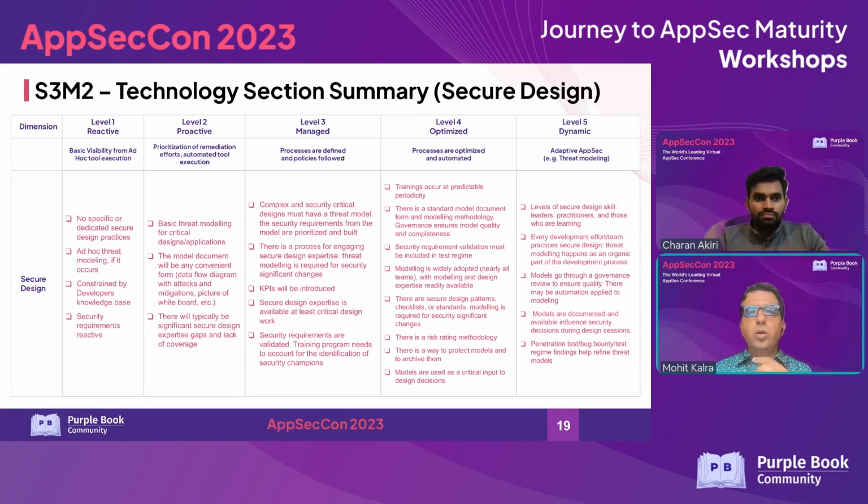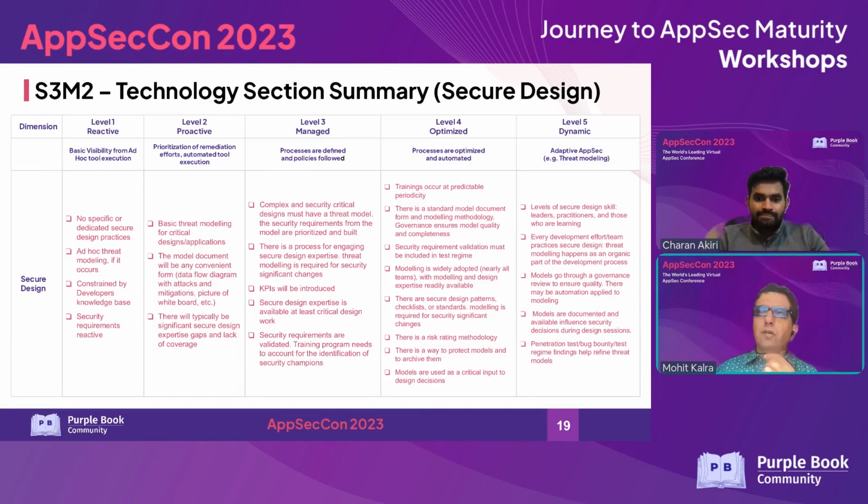And the second one is on secure design, and to give a whirlwind recap of secure design: at first there is just no method or structure, you're just doing whatever comes your way. Then you move to critical systems. Then you move to critical and complex systems and start maturing your process. And then you realize that, hey, as a security team we cannot scale up.